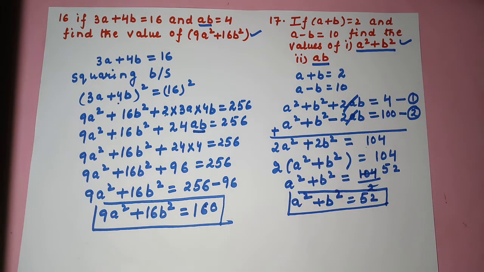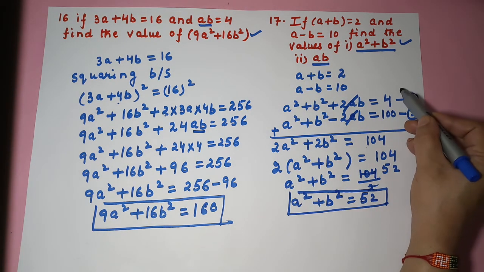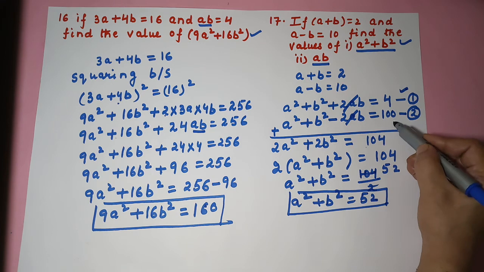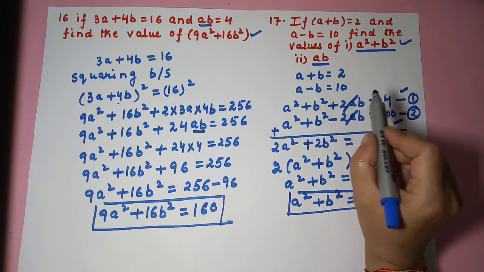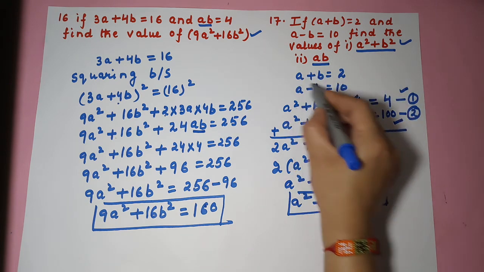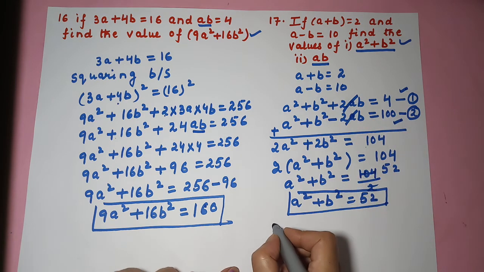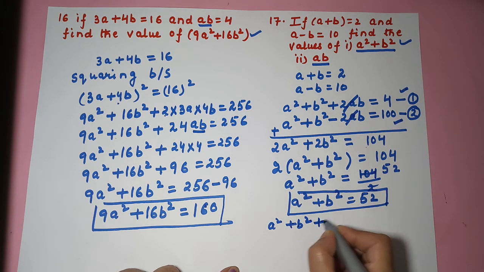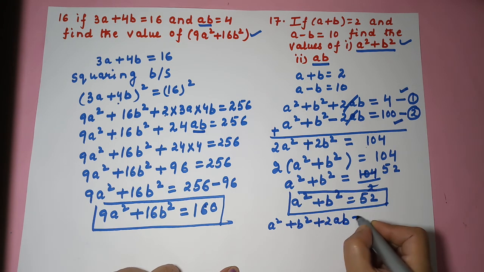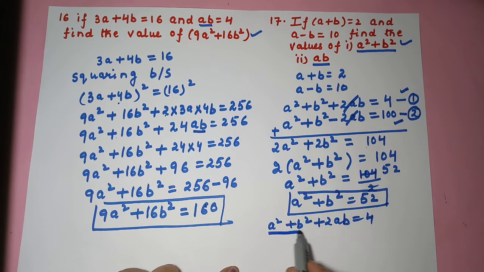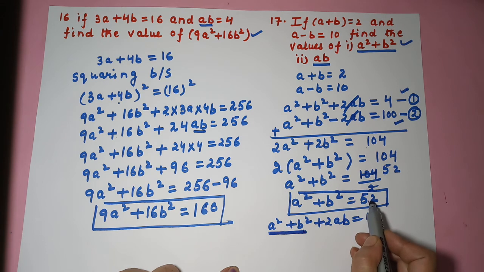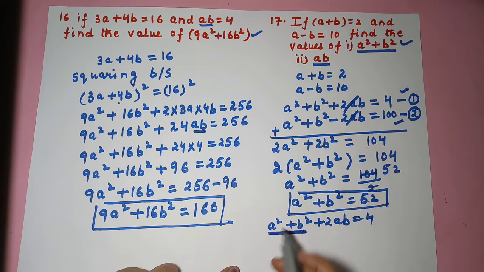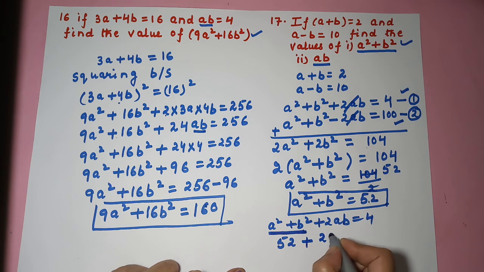Now I have to find the value of ab. So what will I do? I will either go to equation 1 or to equation 2 to find the value of ab. Let me take equation 1. What is my equation 1? a square plus b square plus 2ab equal to 4. Now I know this value. This is 52. So I will substitute a square plus b square as 52 plus 2ab equal to 4.